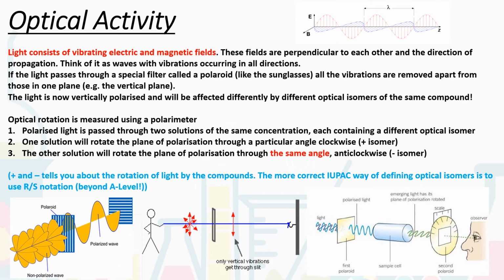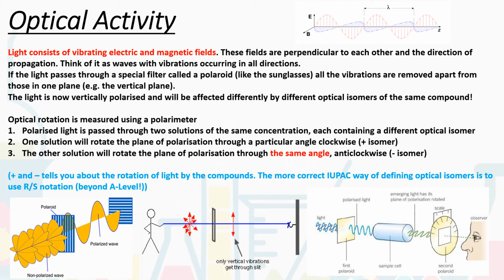The more correct IUPAC way of defining the optical isomers is to use what we call the R and S notation. So it's kind of similar to the E and Z notation in that with our alkenes, if we have stereoisomerism, we can label it as an E alkene or a Z alkene. For optical isomers, for enantiomers, we can name them as either R or S. Now, actually doing this is way beyond A level, but it's kind of similar to the alkene isomer notation, in that we're basically looking at atomic weight again.